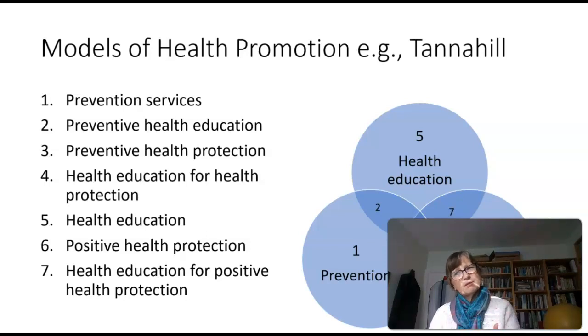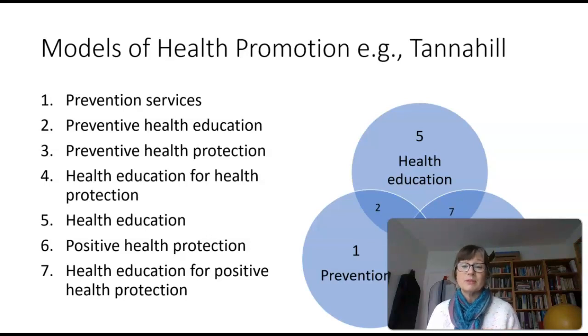A few years ago, those three aspects would be seen as the key tasks that you would be doing. You'd be trying to protect health, educate about health, prevent poor health, all of those things. But this model shows you that they actually overlap and that we could be doing a variety of things.